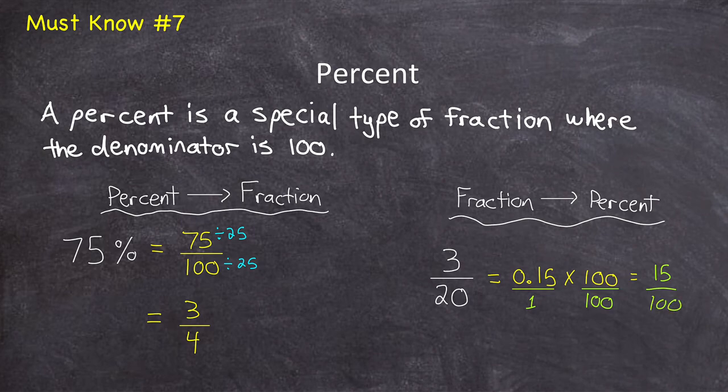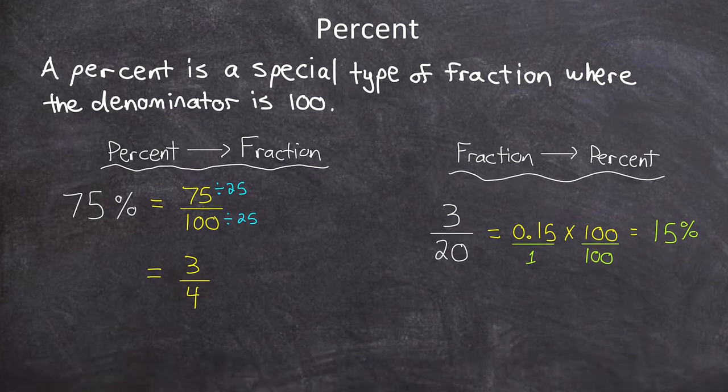And we know when we have a fraction that's over 100, we could write it as a percentage. 15 over 100 is 15%. But usually all of these steps aren't communicated. You just have to know that if you have a decimal value and you want to convert it to a percentage, just multiply that decimal value by 100 and it gives you the percent value of that decimal.